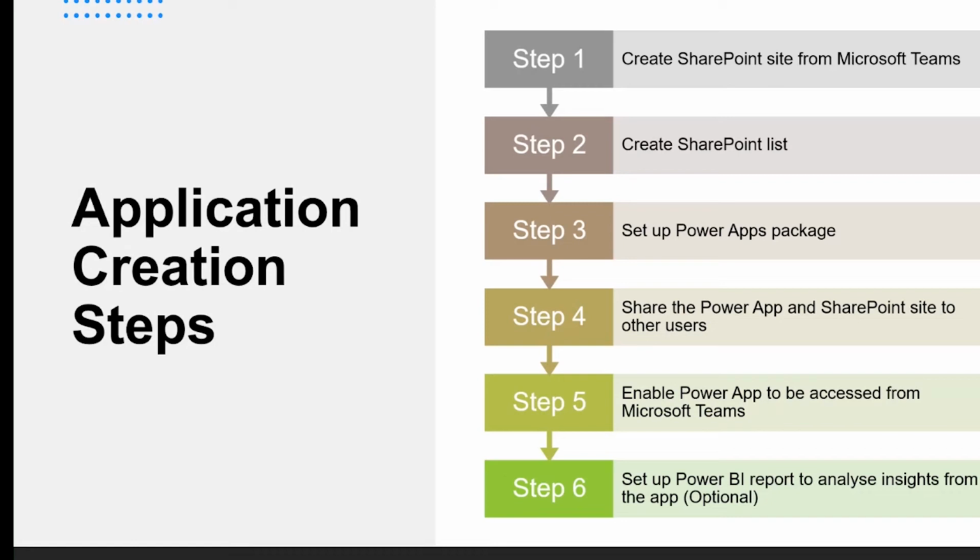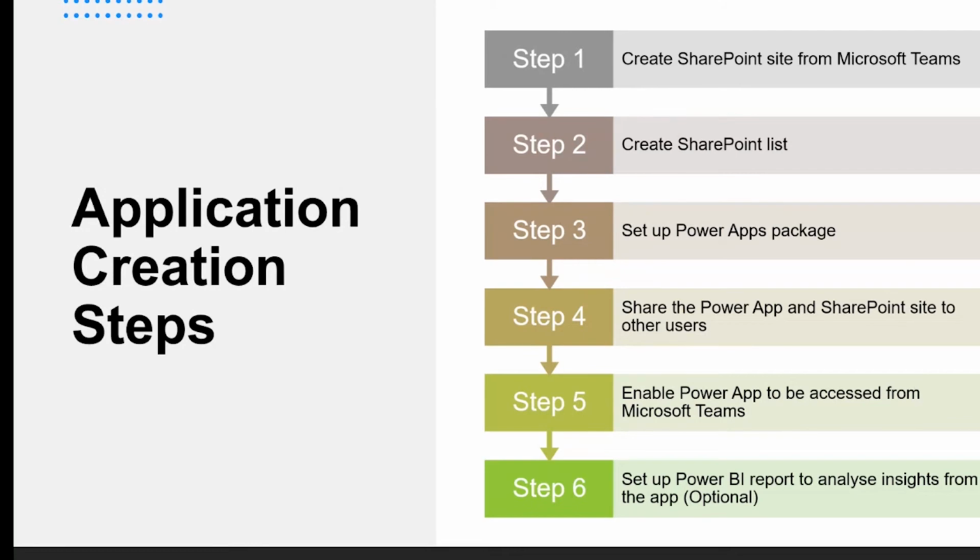Power Apps provides the platform for you to create apps, but the application needs to grab some data from somewhere, and this data can come from the SharePoint list. So before that, we need to configure, install, and create the list that is needed for the application.